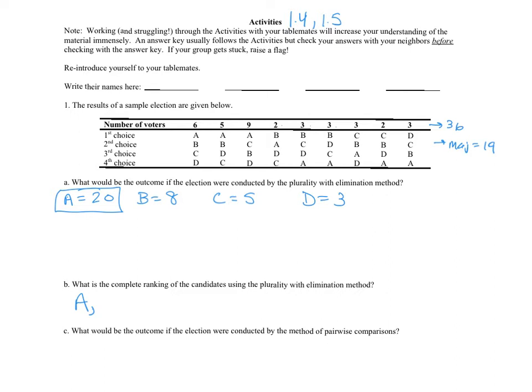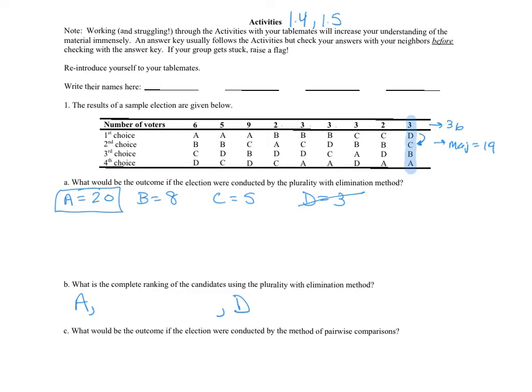Okay, so we're going to complete the whole method. In the plurality with elimination method, you eliminate the candidate with the fewest first place votes. So we would get rid of candidate D. And the candidate who gets eliminated first comes in last place. So we know D is last. Now, D's 3 votes, we are going to look at this column. And D's 3 votes go to the person next in that column.